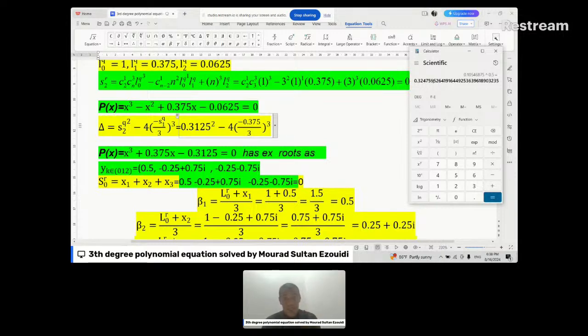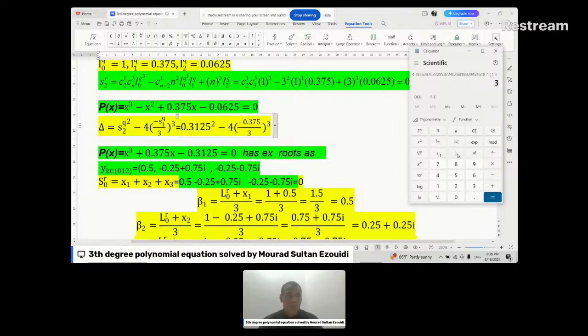Plus what, learners? Plus, we told, 0.0625 plus 0.0625 equal, then divide by 2. This one I'm going to make to the power 1 over 3, to the power 1 divided by 3.